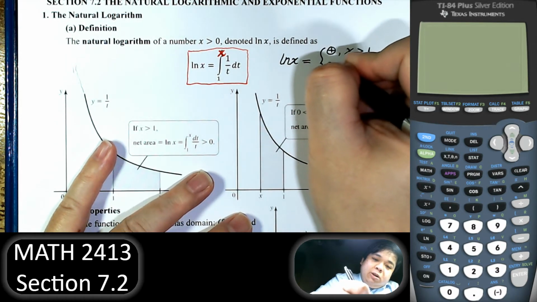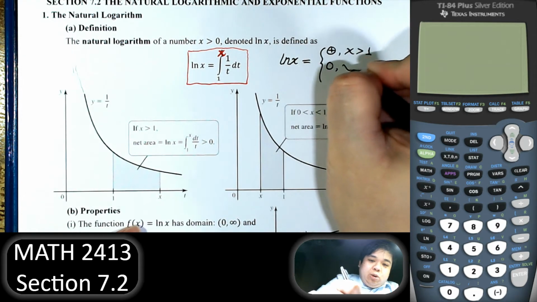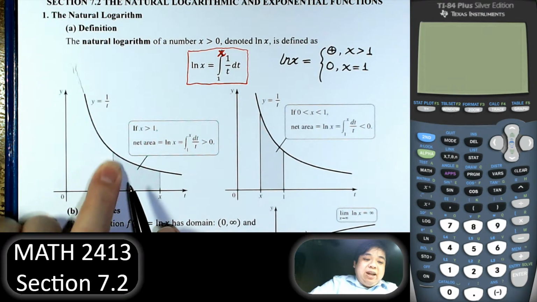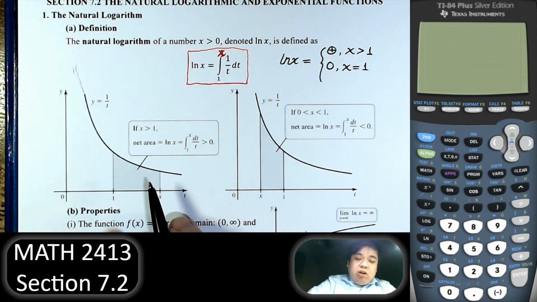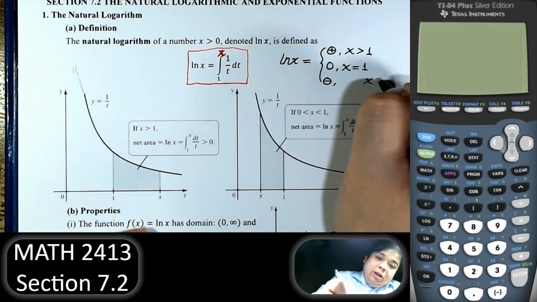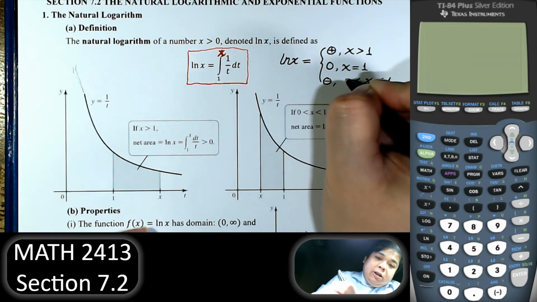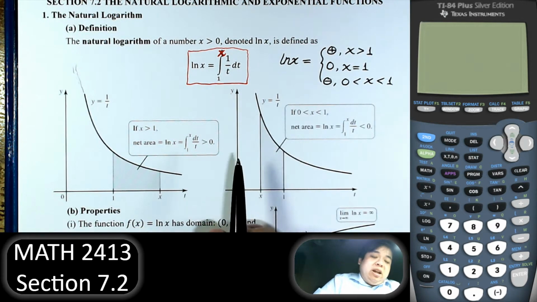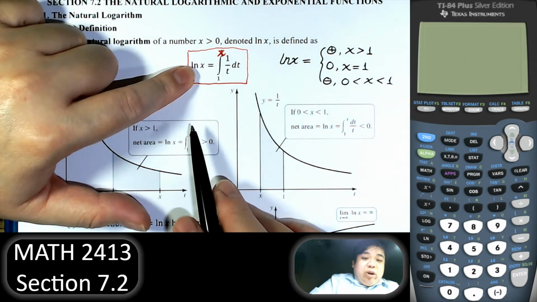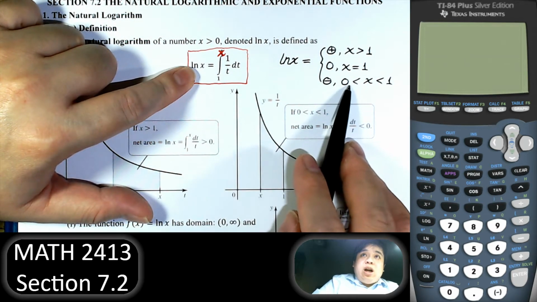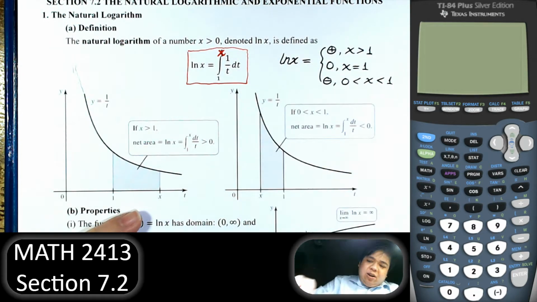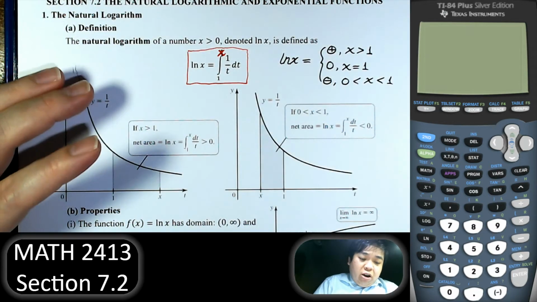It is equal to 0 if x equals 1, because we don't have any area, we go from 1 to 1, so that's just a vertical line. And it is negative if x is between 0 and 1. x cannot be negative for the natural log, and we cannot put in 0 either, so there's no equal sign here, just between 0 and 1. Those are the values for the natural log function.